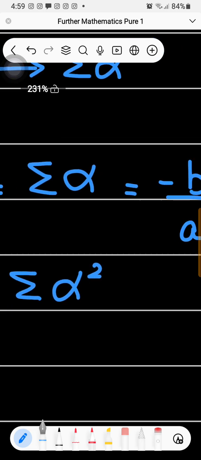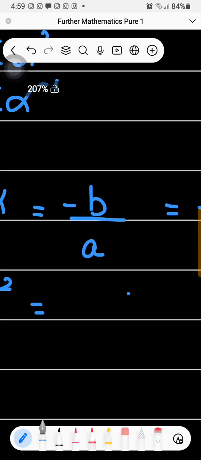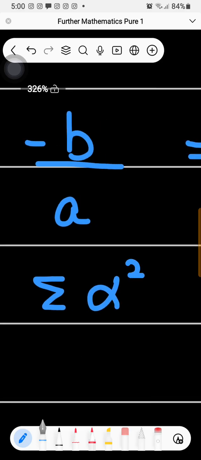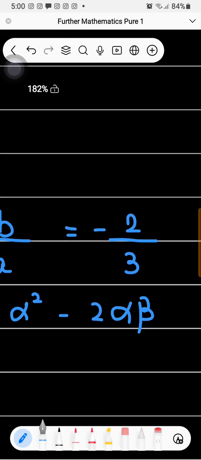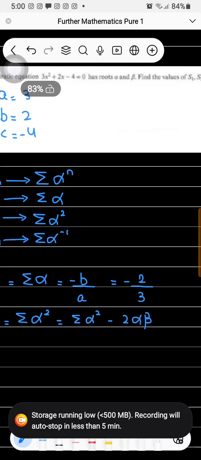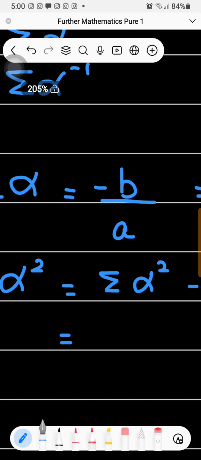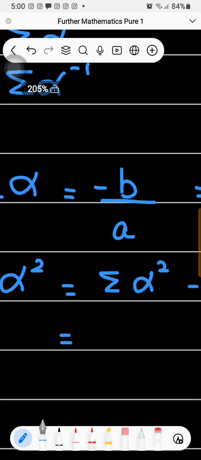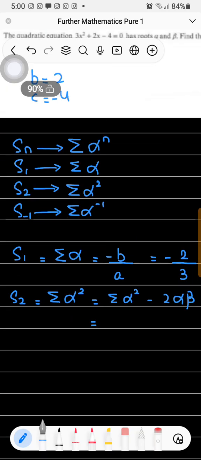We know the formula: sum of alpha whole square, sorry, let me write the formula here, sum of alpha whole square minus 2 alpha beta. We don't know the value of alpha beta. First, wait, there's a mistake in the formula I wrote here.